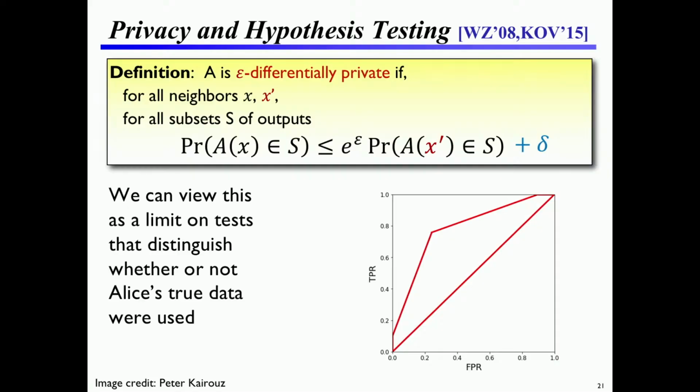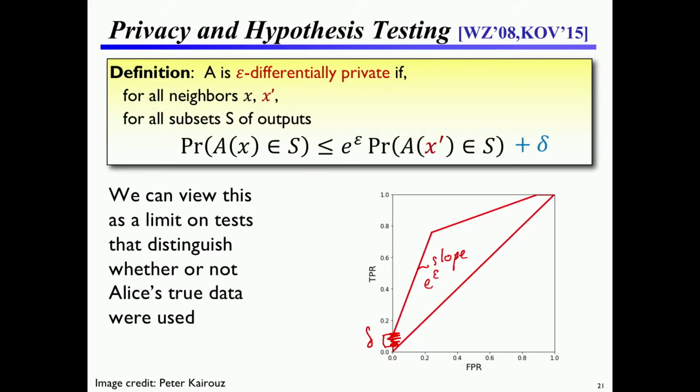Okay? And I can think of that as sort of constraining the false positive rate and true positive rate of any test to live in some particular set. Turns out the set in this case looks like this. So there's a little delta offset here, and then this has a slope e to the epsilon. So when epsilon is 0, that slope is close to 1. It hugs that central line much more closely, and then as epsilon increases, it grows away.